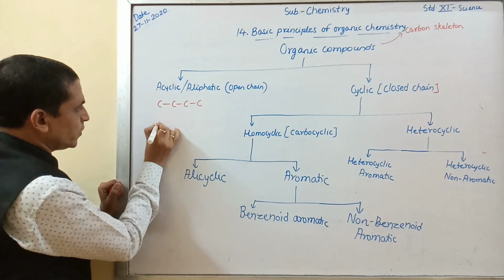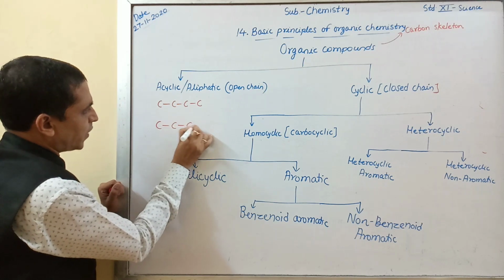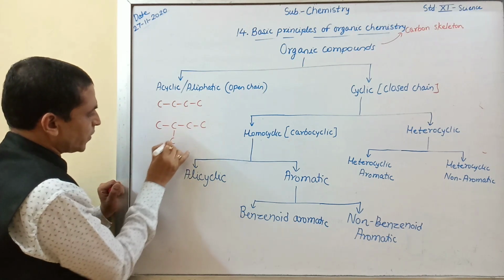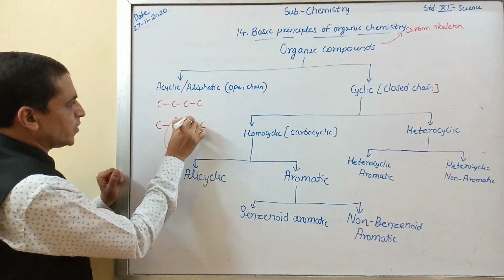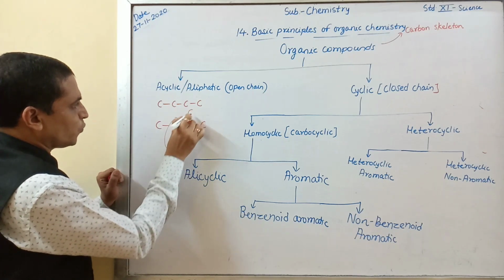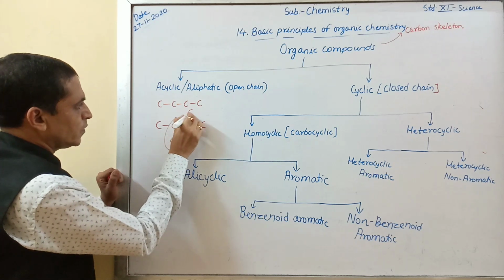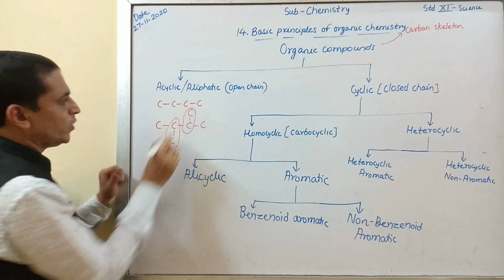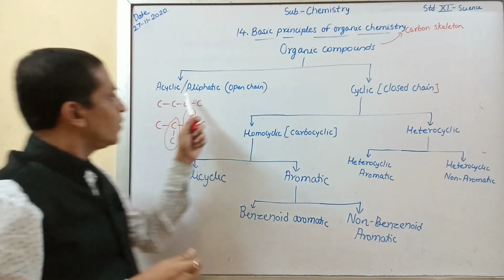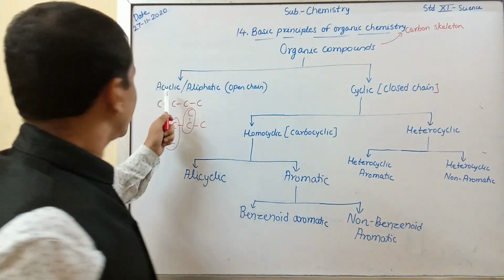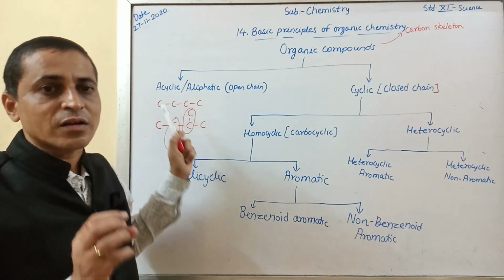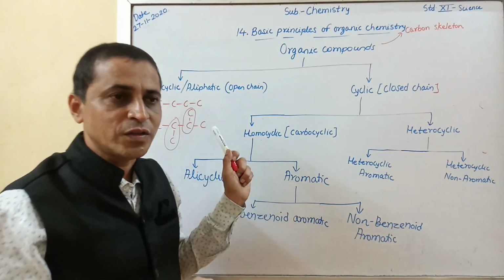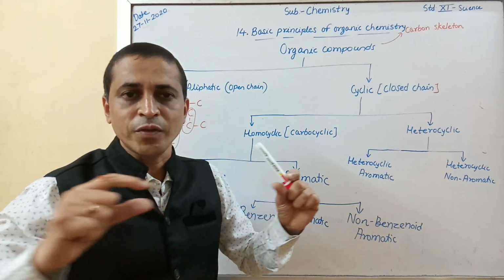And if I put here one branch in this manner, then this is what? Branch. It may be here also. This is also branch structure. See, acyclic compounds are the organic compounds in which carbon atoms are joined to form an open chain.